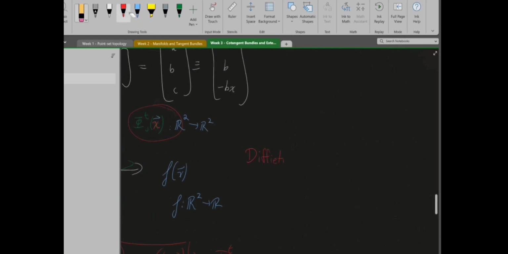A diffiety is the differential algebraic version of an affine variety from algebraic geometry, which is like the zero sets of polynomials, but this is the zero set of a differential equation. And then there's also a thing called jet bundles or prolongations. Once you have these two, you can solve differential equations.